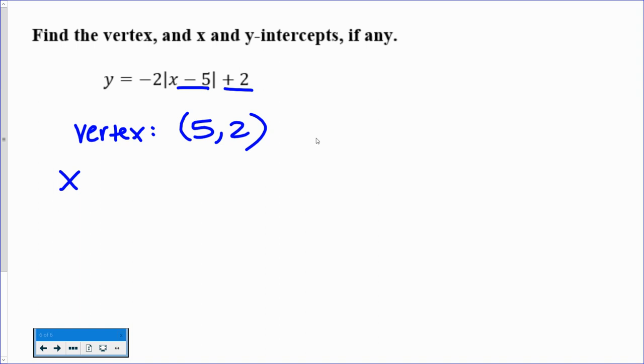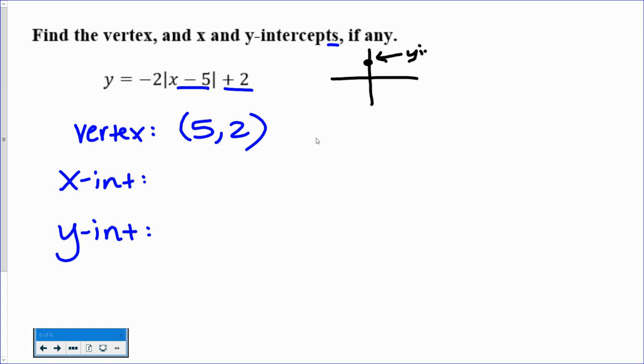Now I'm trying to find the x-intercept and the y-intercept. Or there could be more than one. Okay? Now you need to remember what x and y intercepts mean. So on a graph, where you cross the y-axis would be a y-intercept.